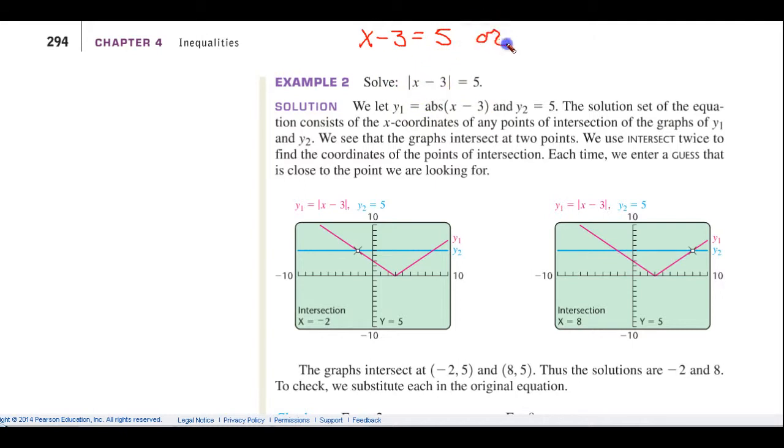Or, again, we take away the absolute value signs and we say that could have been a negative 5. Now we solve these equations. So this one is going to be x, transpose the negative 3, that becomes an 8. x, transpose the negative 3, that becomes a positive 3. This is going to be a negative 2. So there is your answer set.